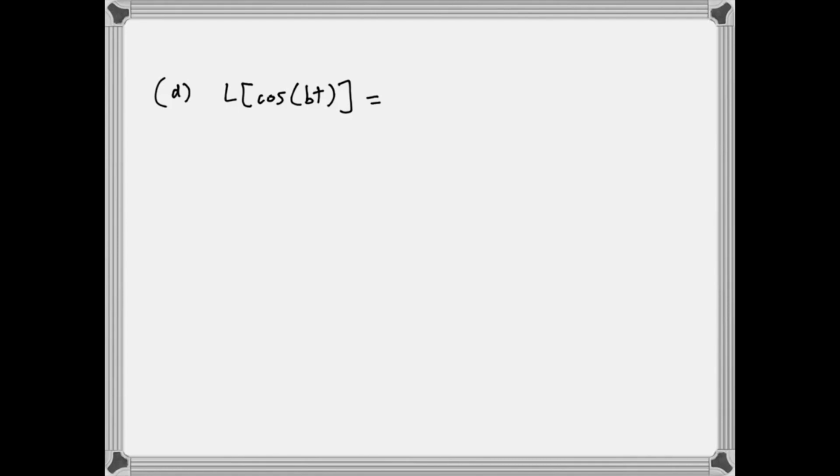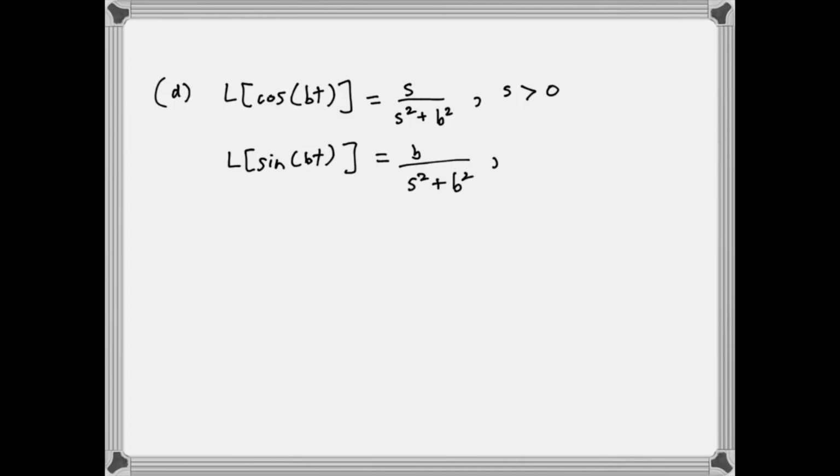When you work out the integral, you actually get s over s squared plus b squared, and that's for s being positive. And when you do it with sine, you end up with b over s squared plus b squared, where s is positive.